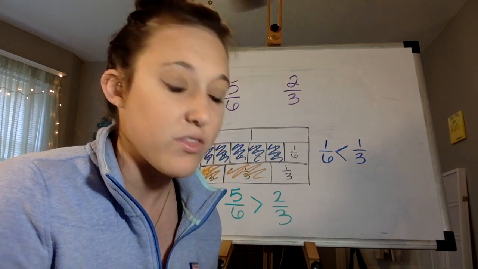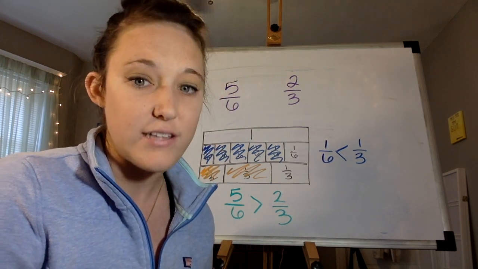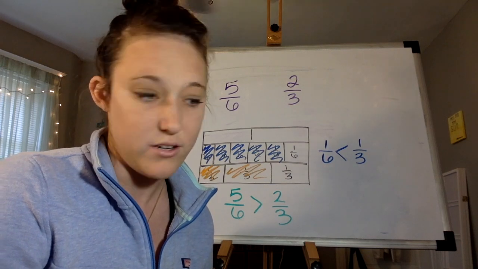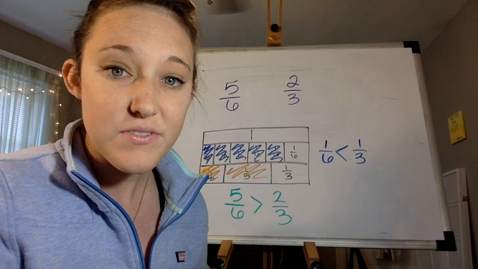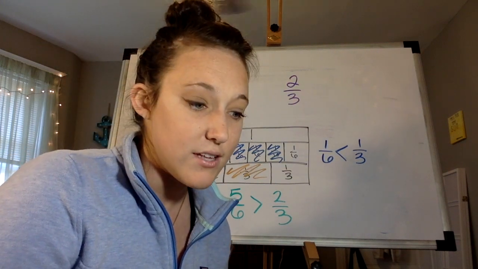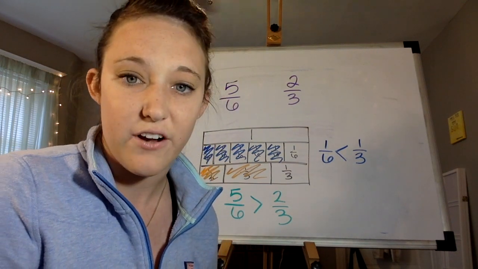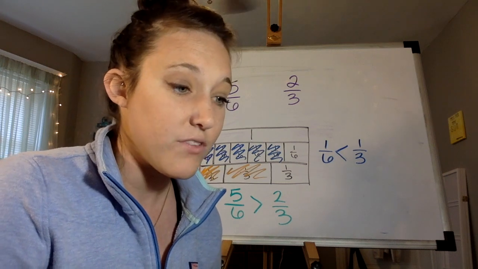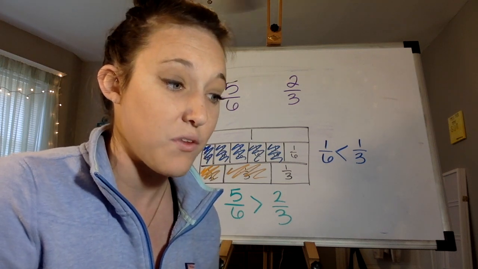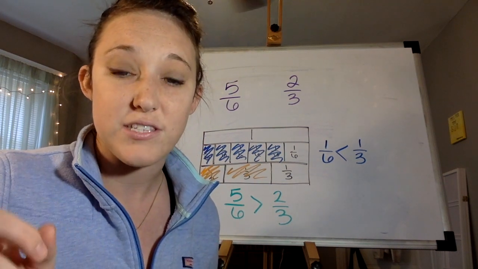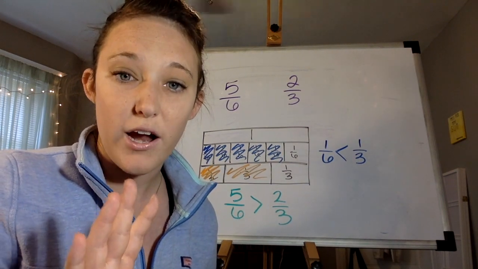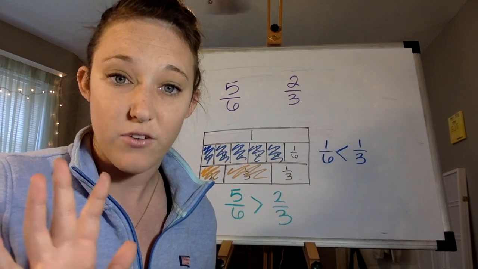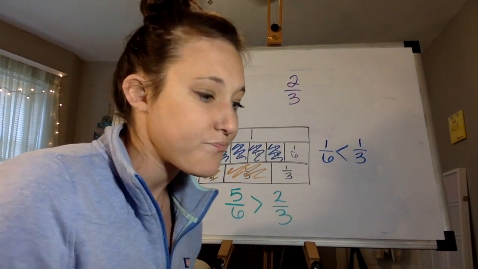The fraction with the greater denominator is the smaller fraction. Okay, so there are more pieces of 8s than there are 6s. So 4/6 is the greater fraction. If either of those two examples are confusing with the same denominator or the same numerator, go check out 11.4 and 11.5. Okay, watch those videos again.